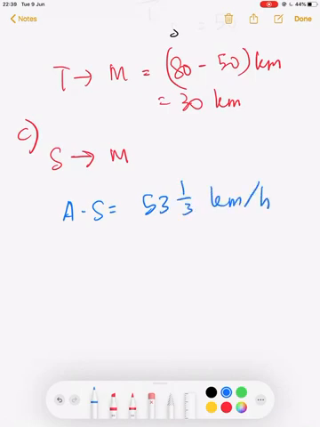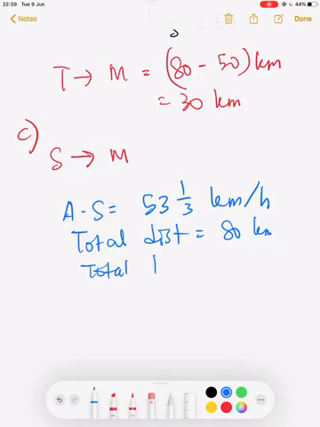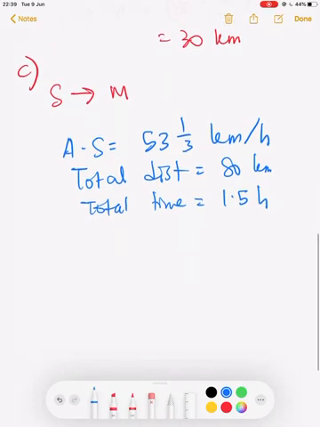The total distance is 80 km. For how long was the journey? 1.5 hours, the total time. Okay, so we can say that the car moved for a distance of 80 km in 1.5 hours with an average speed of 53 1/3 km per hour. Okay, so that's how you describe the motion.